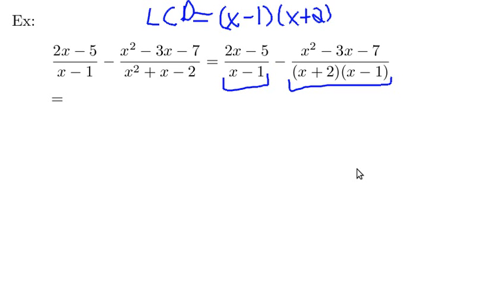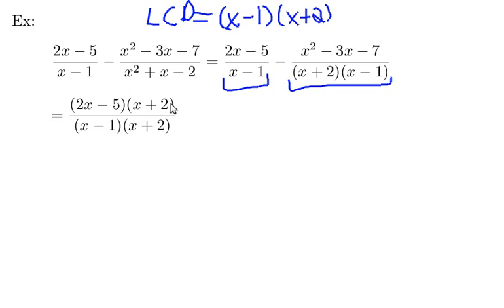So then we'll have 2x minus 5. I'm just multiplying the top and bottom of this by what's missing, and that'd be x plus 2. So 2x minus 5 times x plus 2 over x minus 1 times x plus 2. I'm not going to multiply this out.